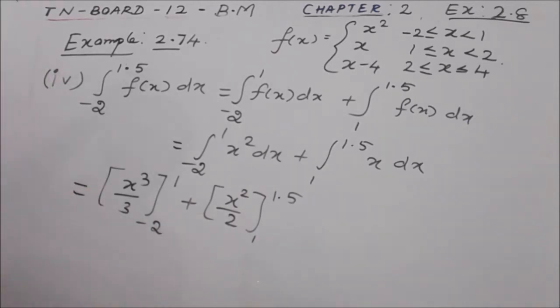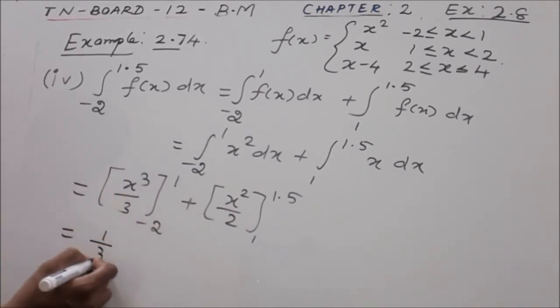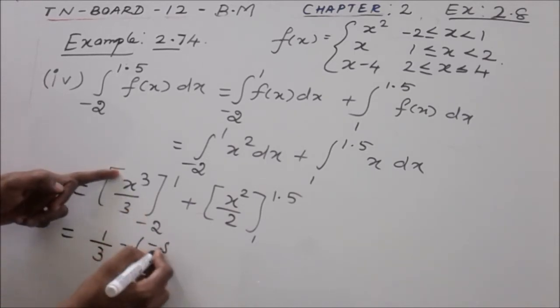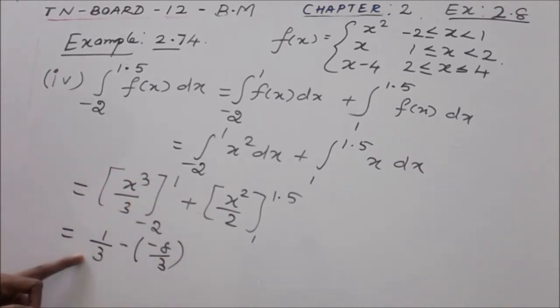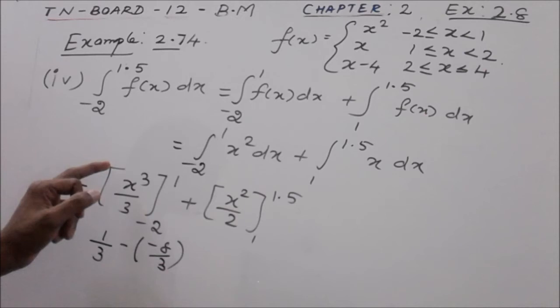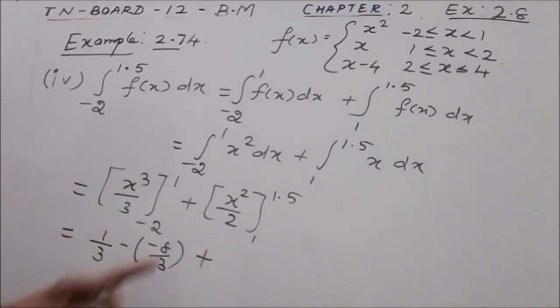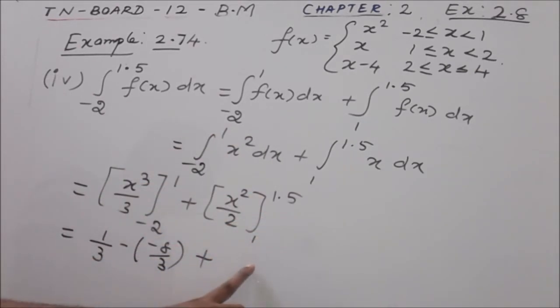Now applying upper and lower limits here, first substituting the upper limit 1 cube, 1 by 3, minus the lower limit, substituting minus 2 cube by 3, that is minus 2 cube is minus 8, so minus of minus 8 by 3, then plus, moving to the second integral, upper limit is 1.5, lower limit is 1.